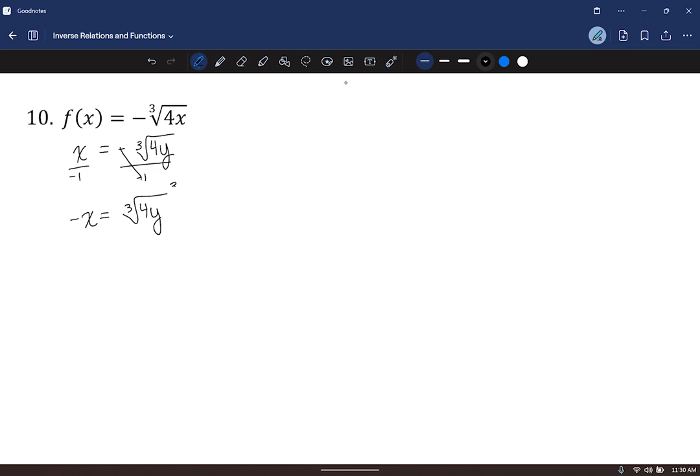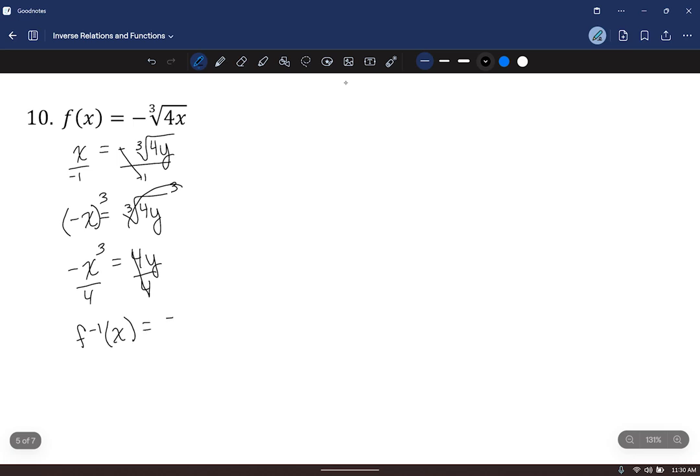Now I'll cube both sides. So if I cube a negative number, it comes out to be negative. So we really don't need parentheses. Then we're going to divide by 4 and use our inverse notation. That gives us negative x to the third over 4.